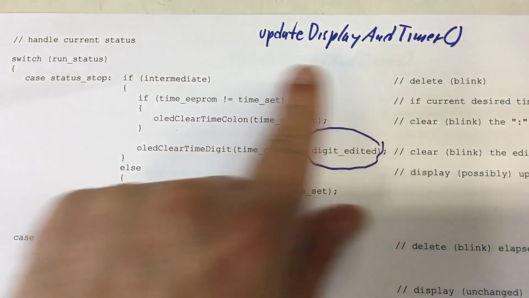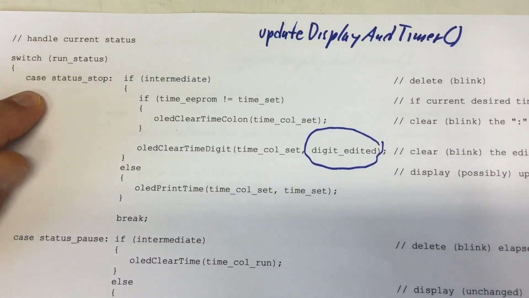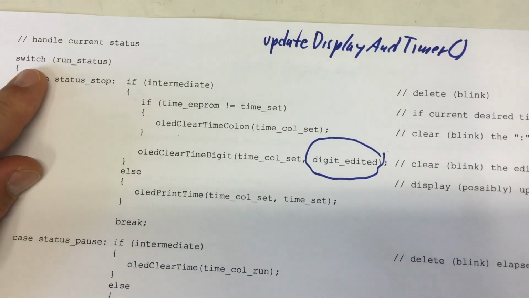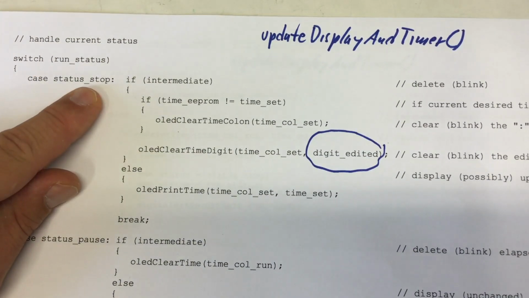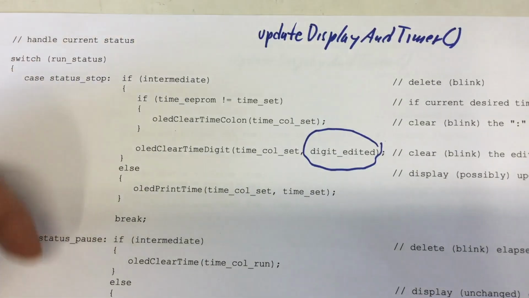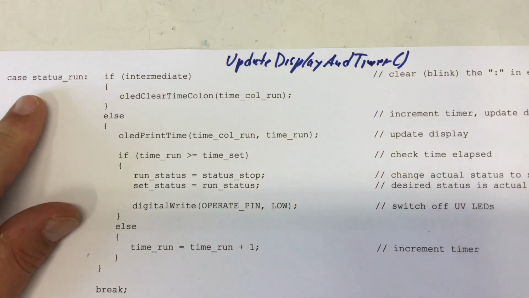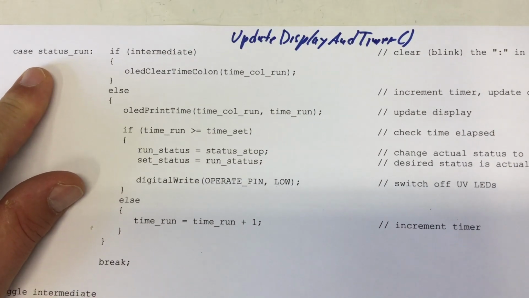And further down in my update display and timer routine, of course, we no longer have the run status stop, but instead we are going further down the case statement and are now in the status run.